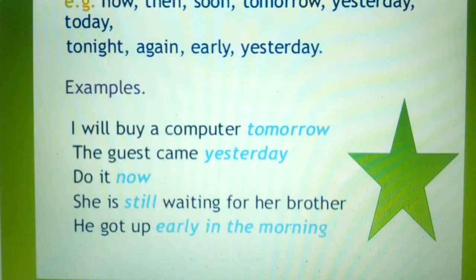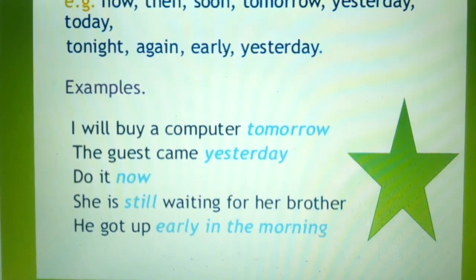Examples are I will buy a computer tomorrow. The guest came yesterday. Another example is do it now. The next one is she is still waiting for her brother. The last example is he got up early in the morning.